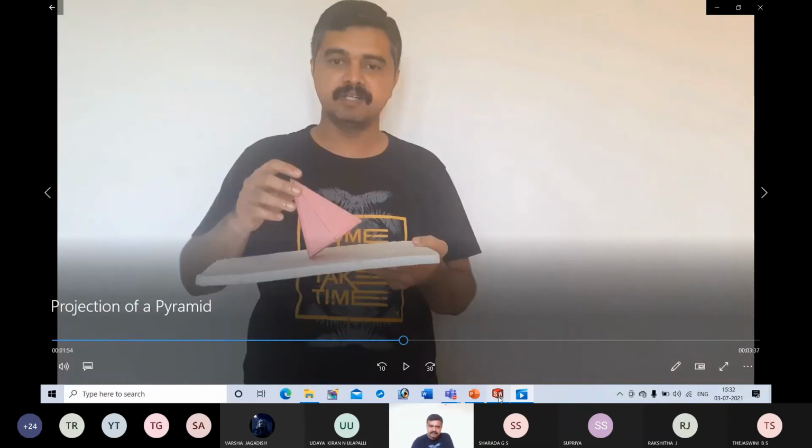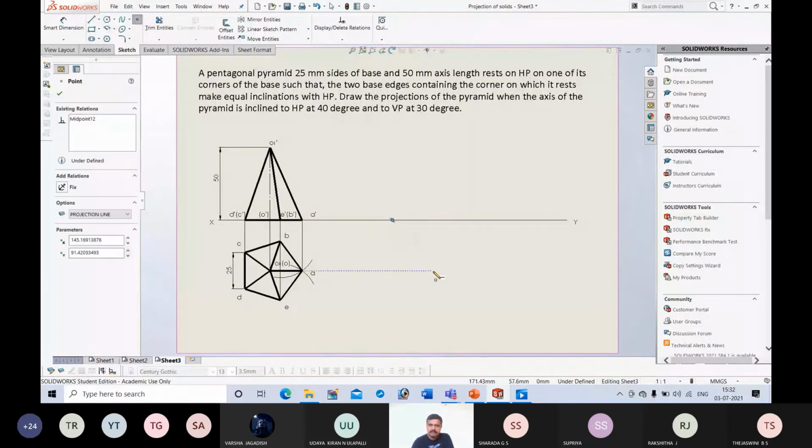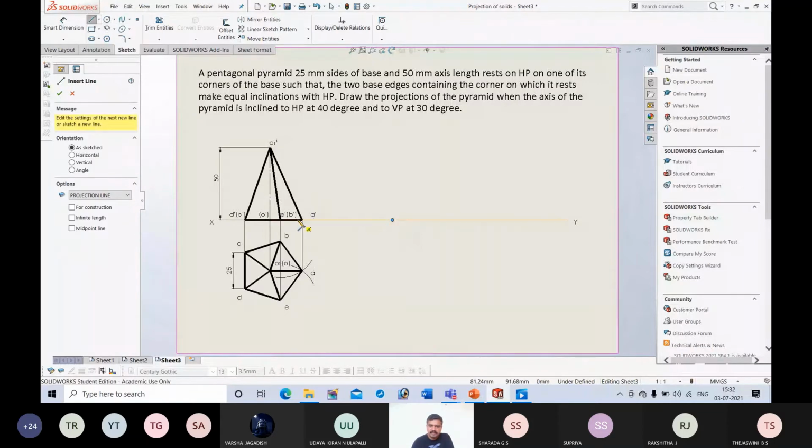So here first consider a point on XY, leaving convenient gap or convenient space. Consider a point. This is A dash. Next, draw a line inclined at 50 degree. So first you are going to represent the base.